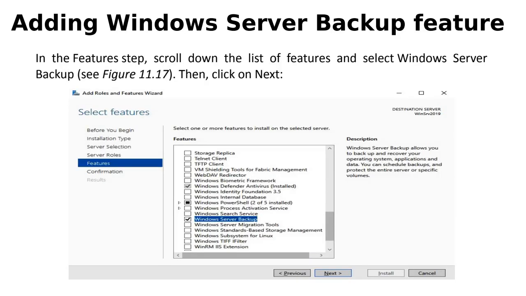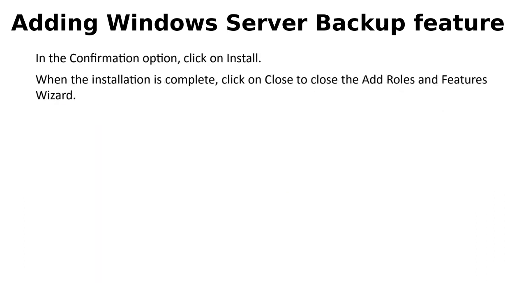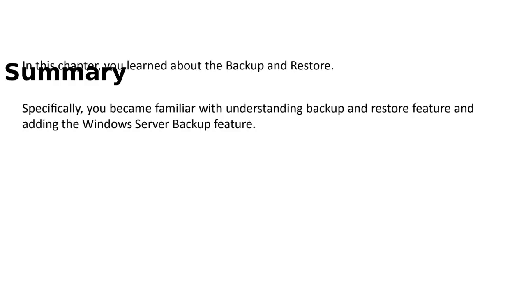Okay, so here it is, Windows Server Backup. We will do this in the lab, by the way. And then you confirm and you continue with the installation, and that's it for this chapter. Any questions on this chapter, please?